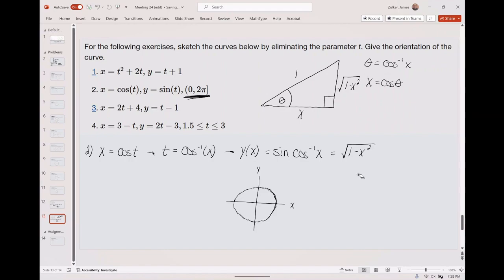What we can do from here is square both sides, which would then give x squared plus y squared equals 1, which is the entire circle of radius 1.